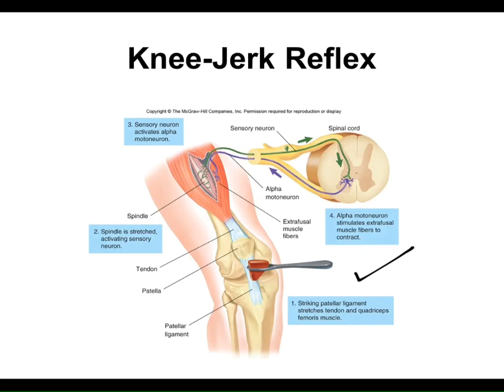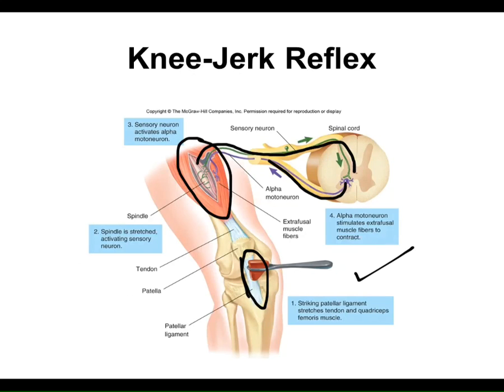We're hitting the hammer on the tendon, on the ligament here, but then what's happening in the muscle? The muscle just got stretched unexpectedly, didn't it? And so you're going to activate those sensory neurons in there. Those sensory neurons are going to come in, and they're going to go directly back out through an alpha motor neuron. And that's the one that's going to cause the contraction.